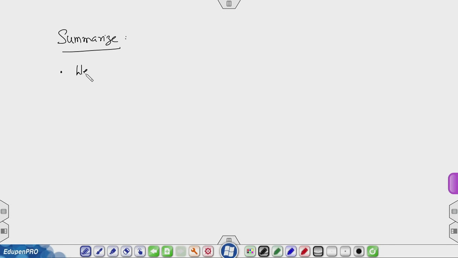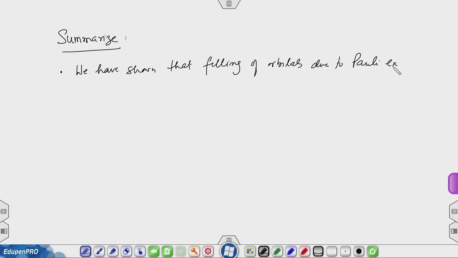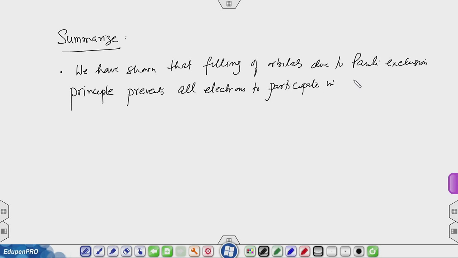So, number 1, we have shown that filling of orbitals due to Pauli exclusion principle prevents all electrons to participate in thermal excitation.